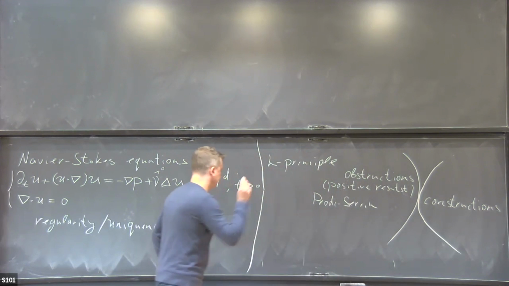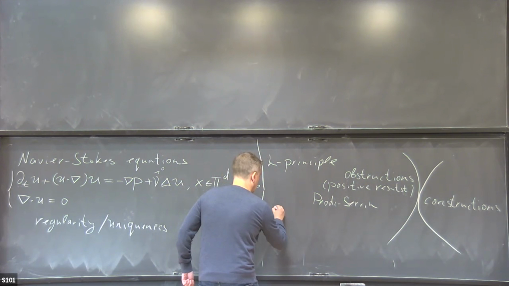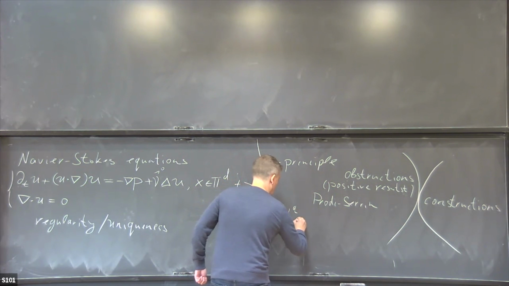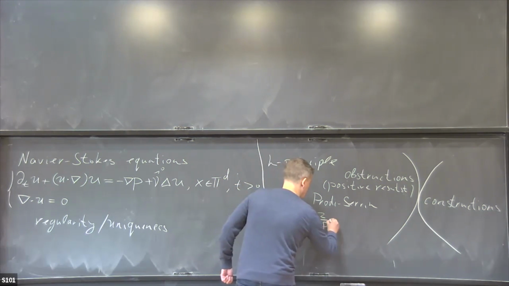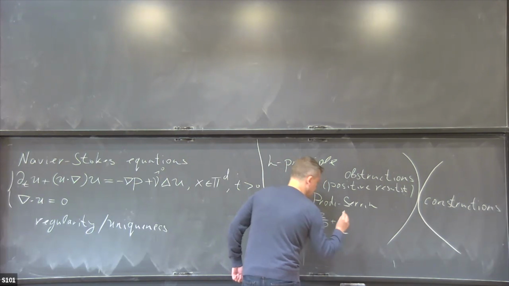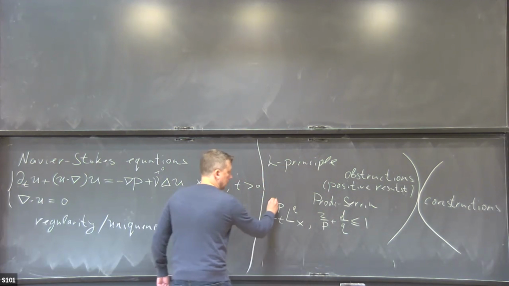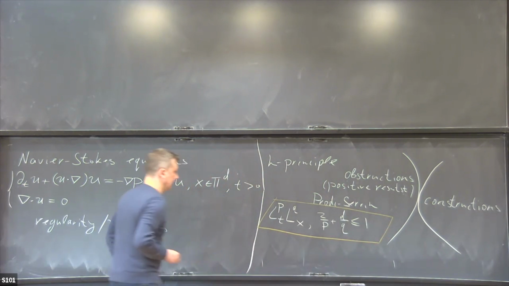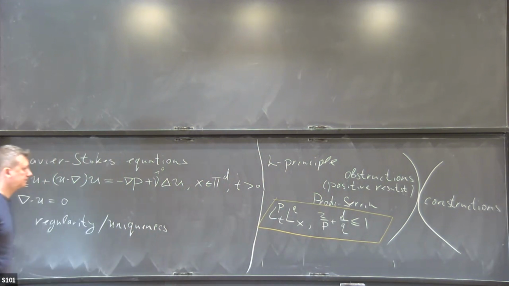There have been lots of extensions to wider spaces, but I'll just write it in the simplest setting. So this is the L^p, L^q class, L^p in time, L^q in space, such that 2/p + d/q is less than or equal to 1. If you stay in this class, then everything is fine. So there is uniqueness, and solutions are automatically smooth.